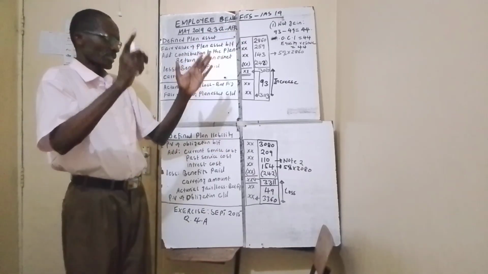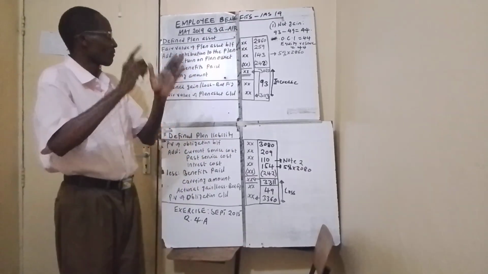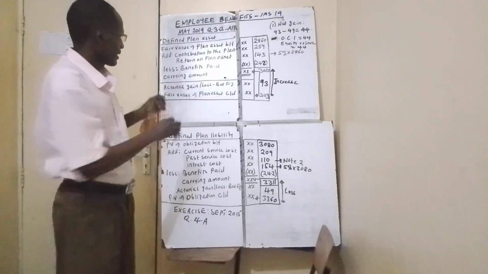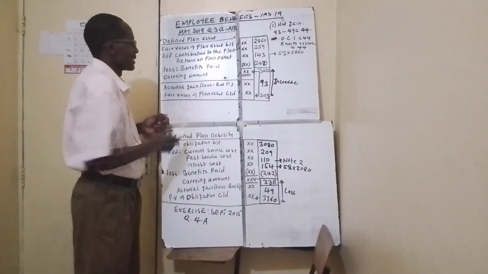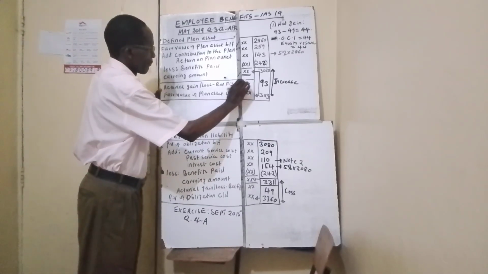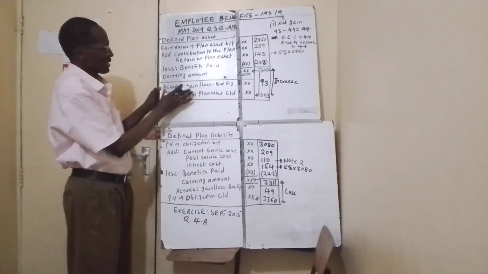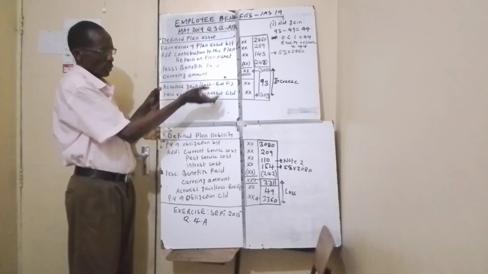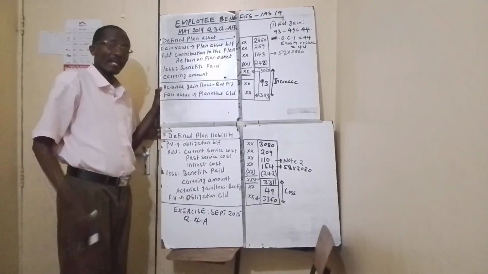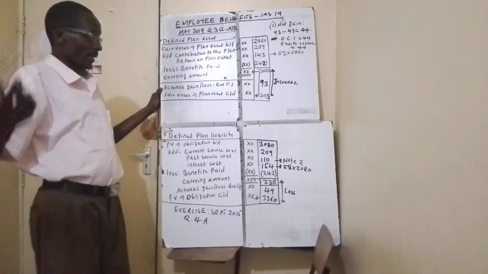When the defined plan asset increases, then we say that is an actuarial gain. Note here, this is your balancing figure, so this will not be given. The actuarial gain or loss, this balancing figure, can either be a plus or a minus.